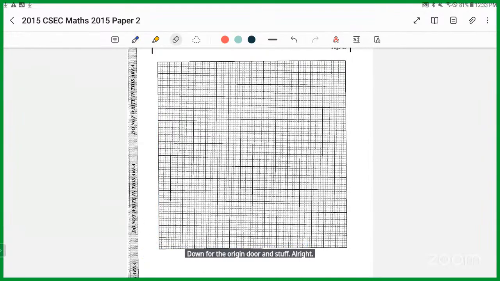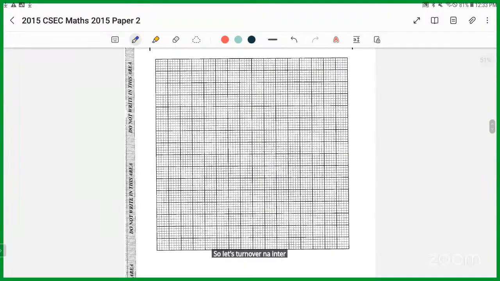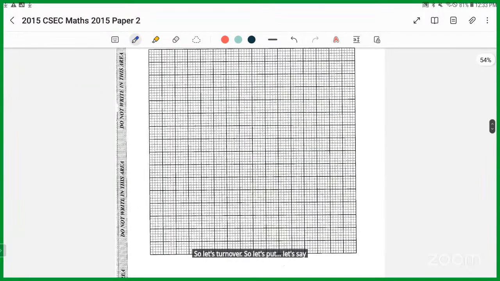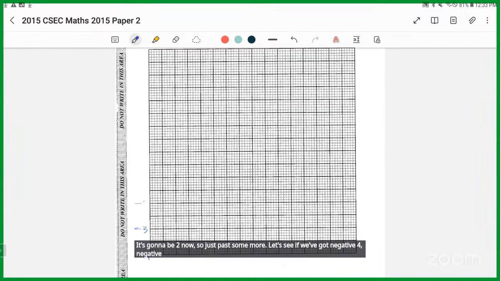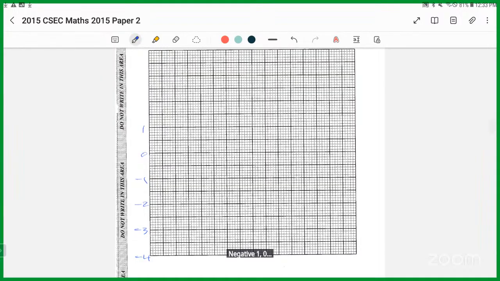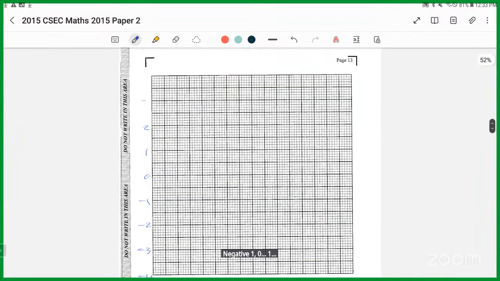Alright, so the lowest value is negative 4, the highest value is 5. Let's say we put it so that our minimum point comes down here: negative 4, negative 3, negative 2, negative 1, 0, 1, 2, 3, 4, 5. If we space it out by 2, it's not going to work.